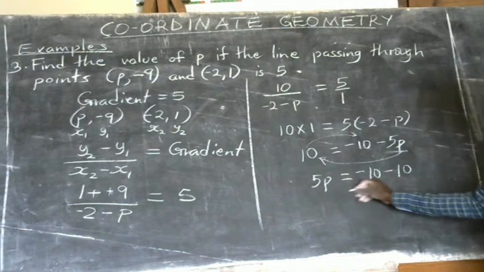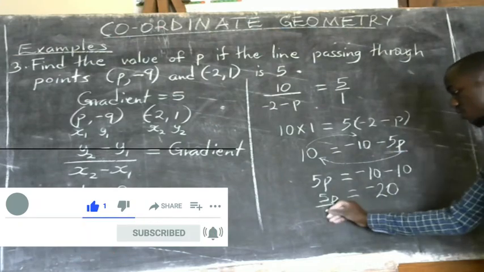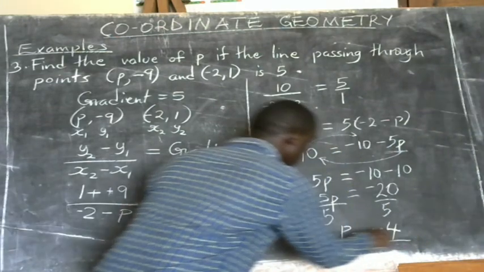This side here, when I compute that, I'm having negative 20, and the other side I'm having 5p. So divide both sides by 5, and then 5. I end up getting my value of p as negative 4.